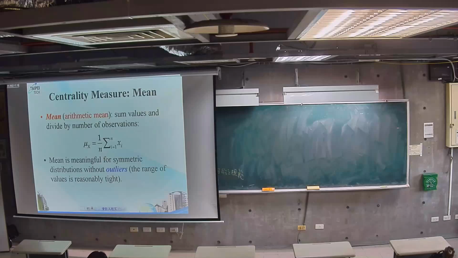The mean is sometimes very useful when the distribution of the data set is symmetric and without outliers. That means we do not have data items far from the center. An outlier is a very different data item in the data set.